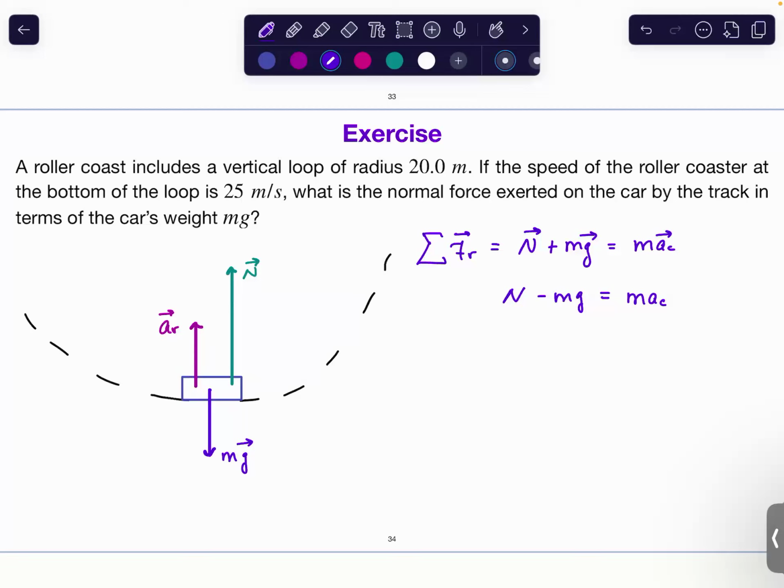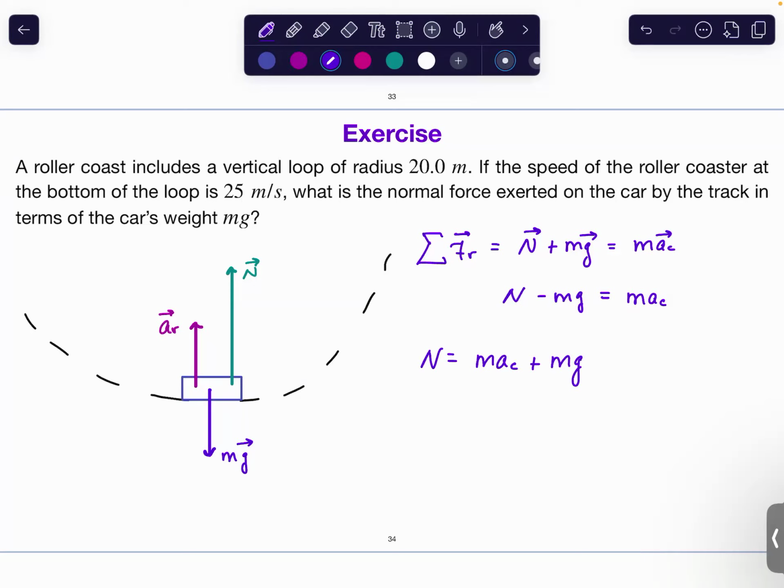Okay, so now we can say normal force. That's what says radial. Remember, radial is a generalized term. C is centripetal.